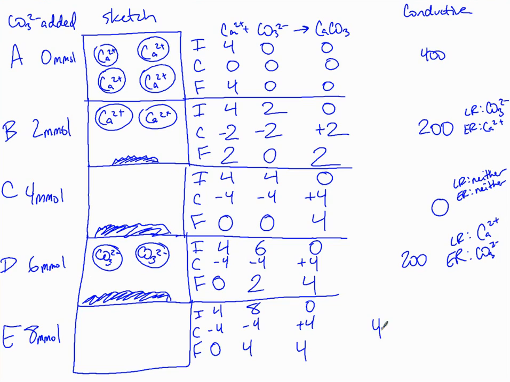Conductivity, you could probably guess, is going to be 400. Limiting, calcium is at 0 at the end. Excess, we have carbonate left over. And then we can just draw a picture.